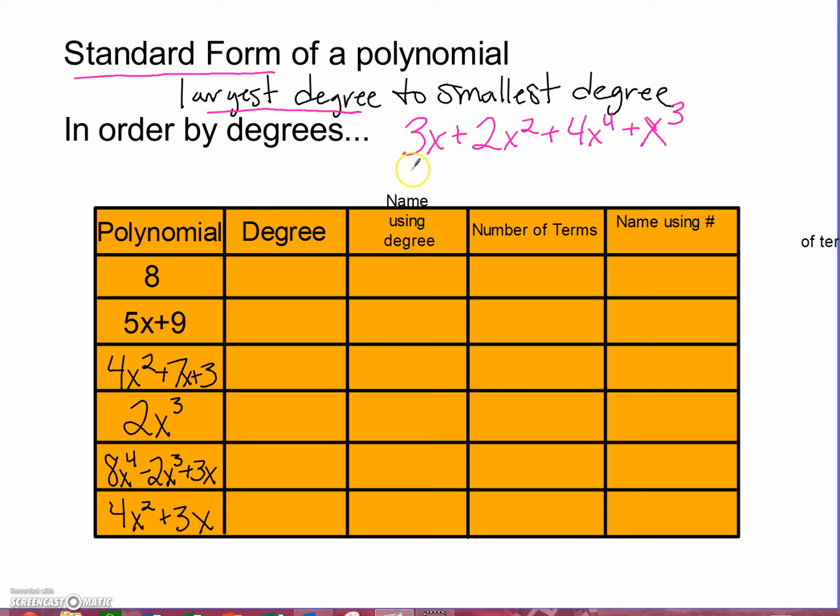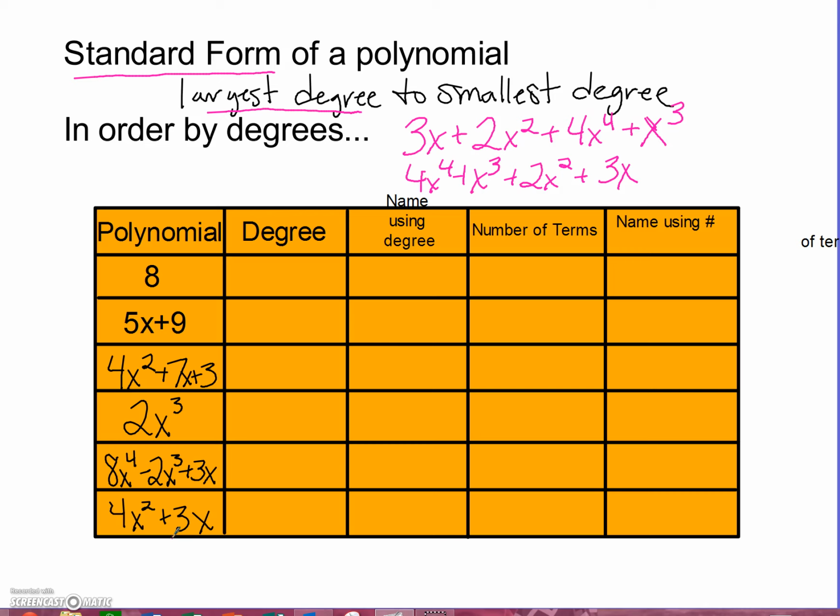So we go the 4x to the fourth first, then we would go to the cube and go on down the line. And then your number, if there was a number, would be last. The examples I have here are all in standard form already. So we're good to go.